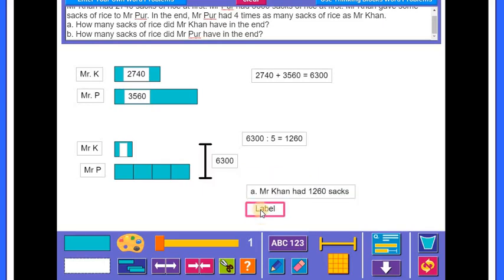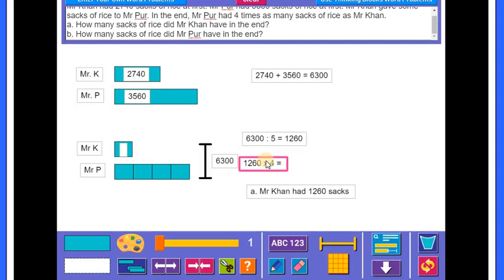For B, because there are 4 units, we multiply 1260 times 4.